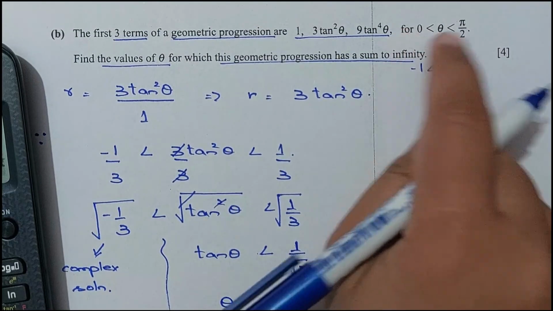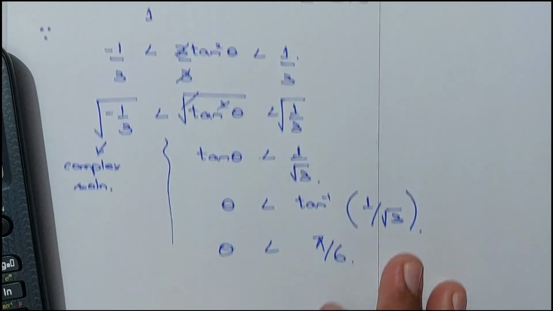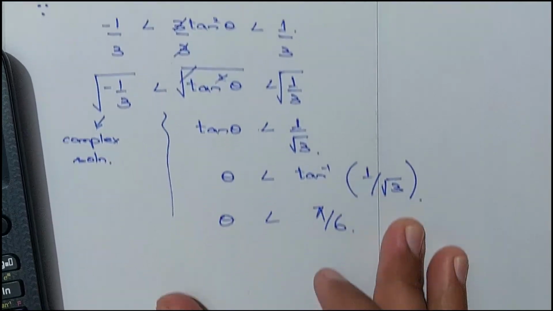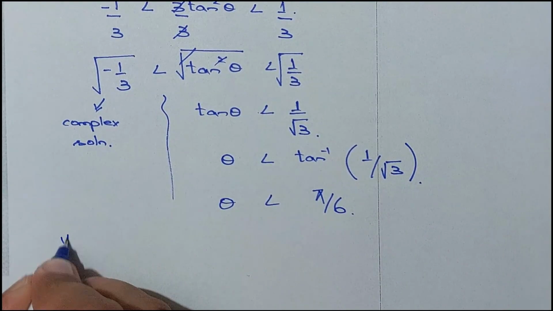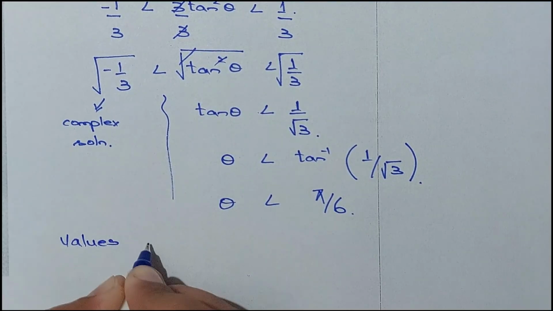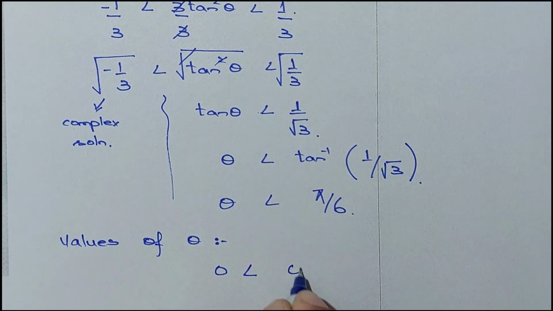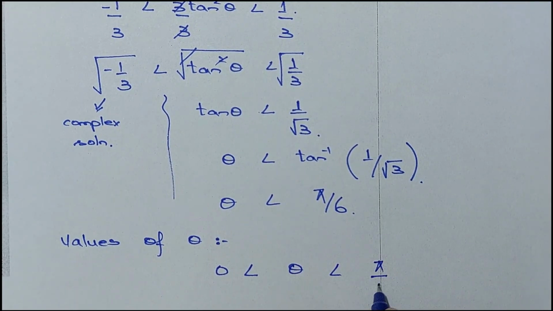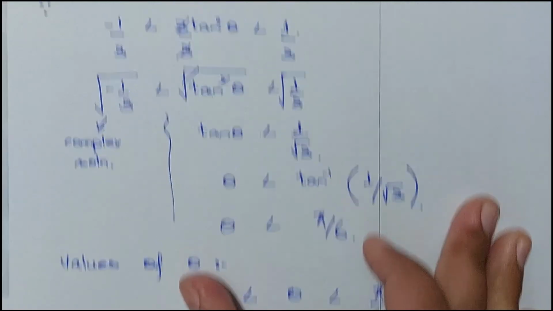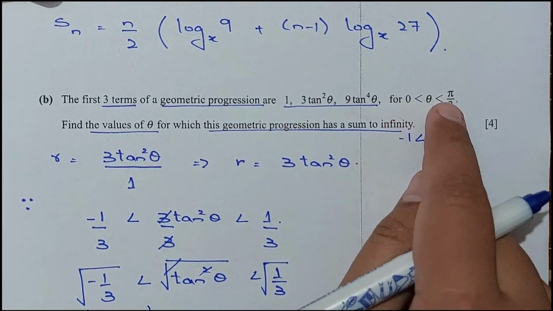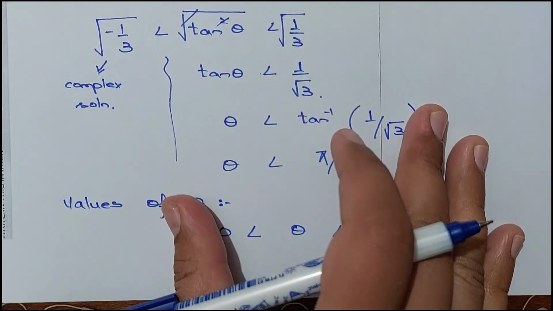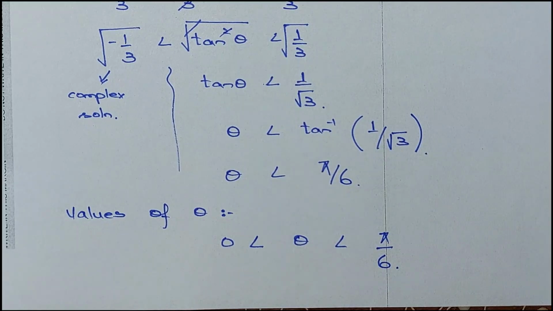And the value is between 0 and pi by 2. We have to find the values of theta, not just one value. So we can say that the values of theta are 0 is less than theta is less than pi by 6. Why am I including 0? Because in the domain we have between 0 and pi by 2. So my theta value is between 0 and pi by 6.